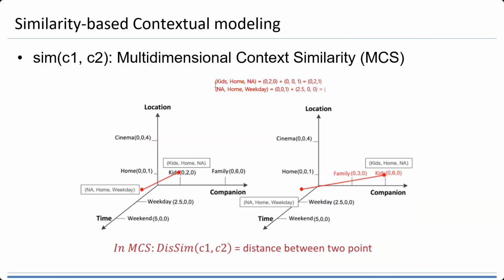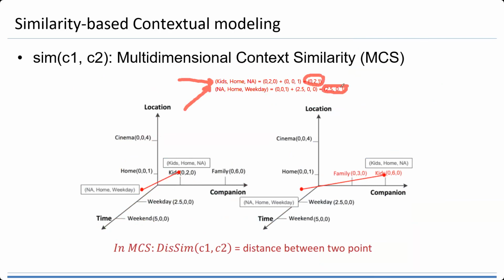Then we have 2.5, 0, 1. Can you measure the similarity? Because we have the value. So the similarity between the context kids home not available and NA home and weekday will be based on this value and this value.